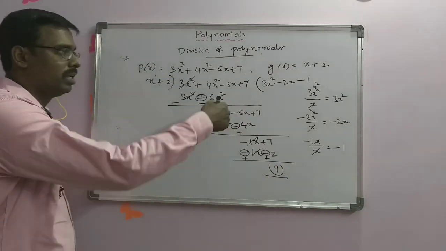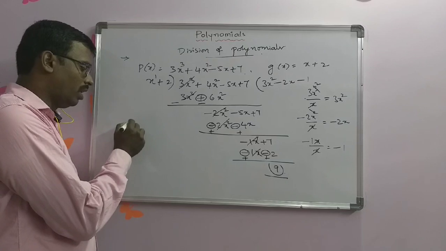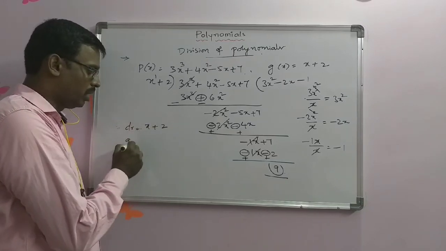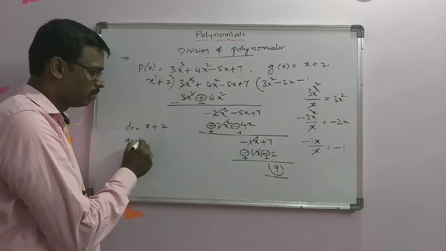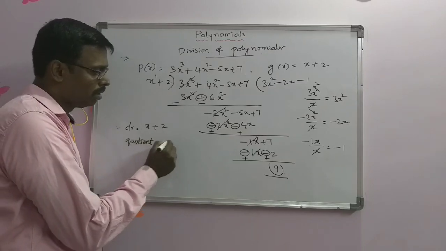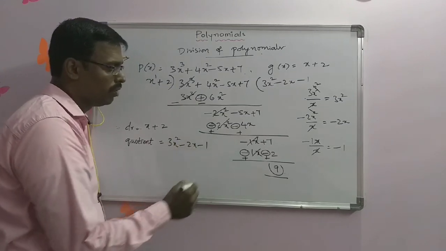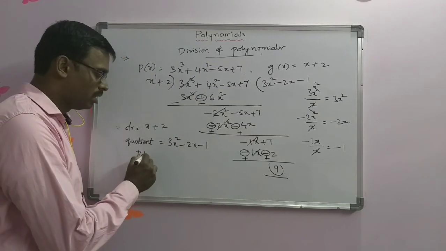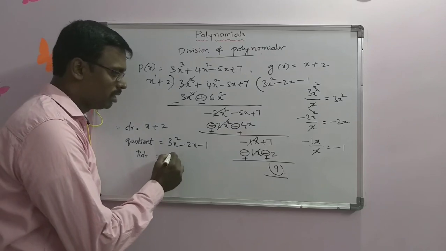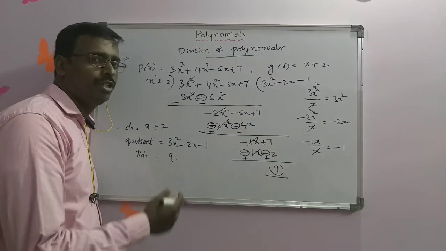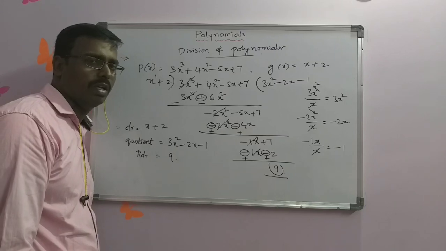From this whole problem, our divisor is x plus 2, the quotient is 3x square minus 2x minus 1, and the remainder is 9. So like this you have to perform the division of polynomials.